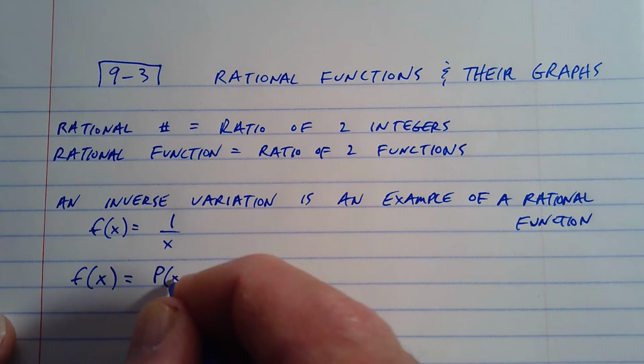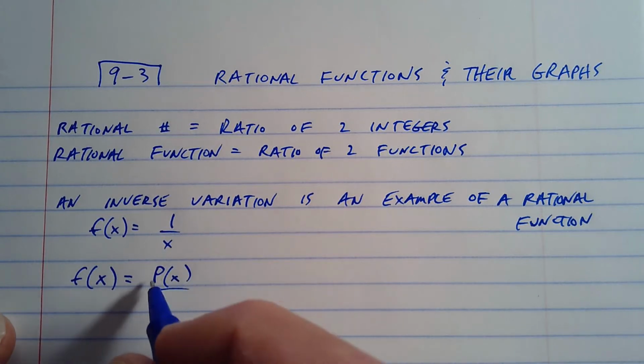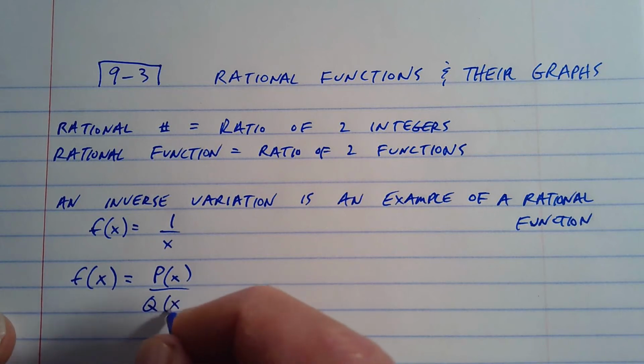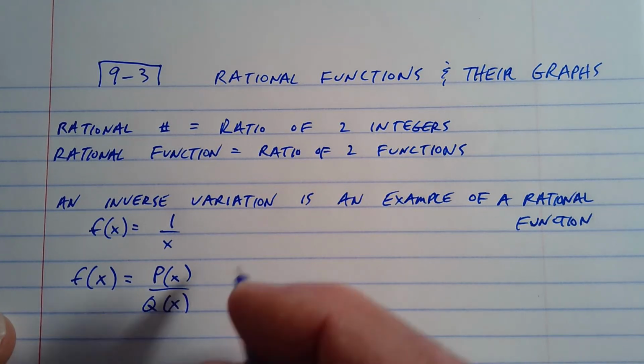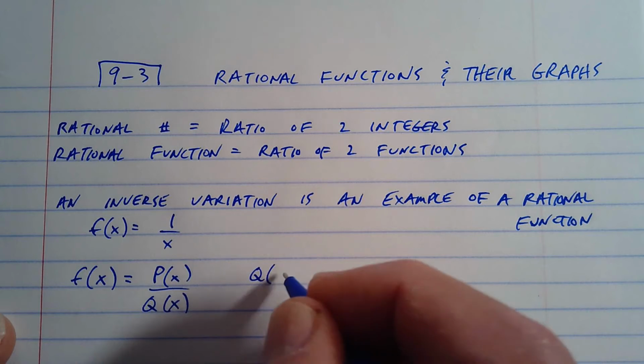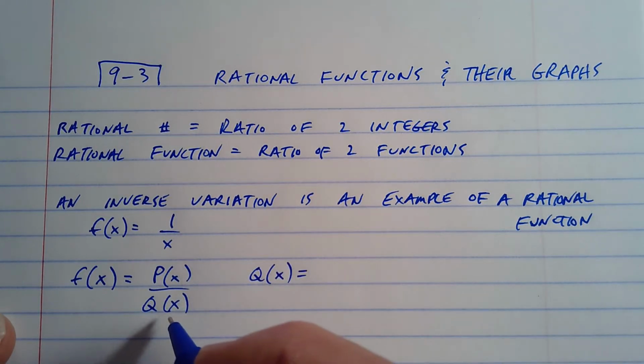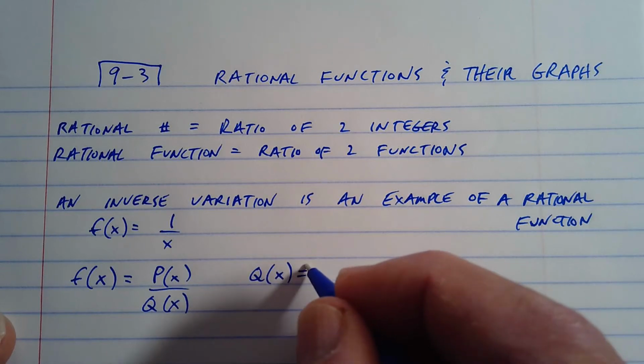So if p of x is some polynomial in the numerator and q of x is some polynomial in the denominator, we have that restriction that anything that makes that polynomial in the denominator 0 must be restricted.